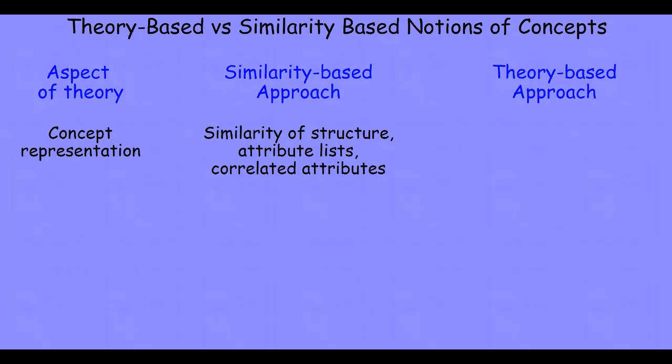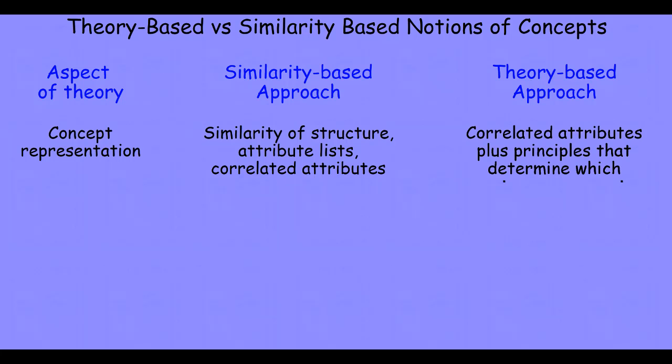So they're essentially a list of attributes and some correlations between those attributes, and that's what it is to represent that concept. The theory-based approach includes more information. We have these correlated attributes, but we also have all these principles that determine which correlations get noticed. And so we see this introduction of extra knowledge in the form of basic rules about how this structure is supposed to be understood and used.